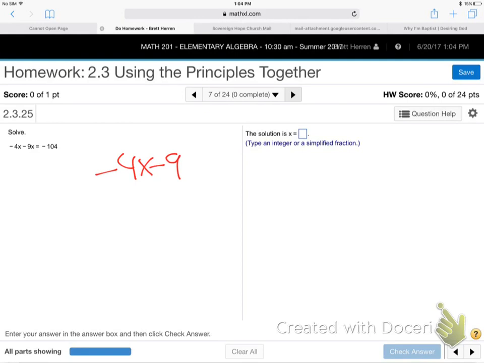Minus 4x minus 9x is minus 104. Try that one. So combine the like terms on the left side there.